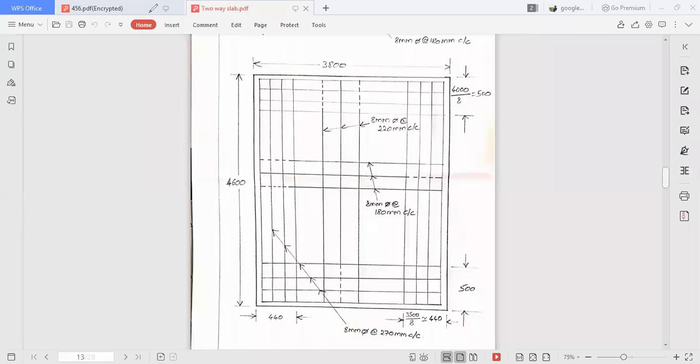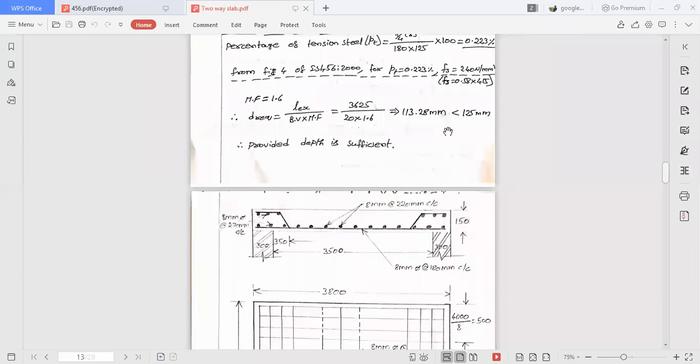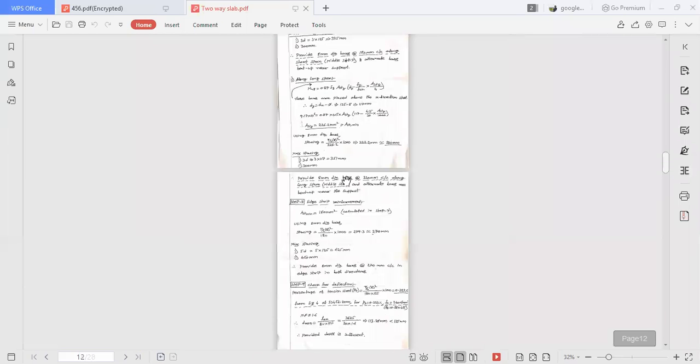How did you get these values? Just a minute. First, let us see the dimensions of this slab given in the question.